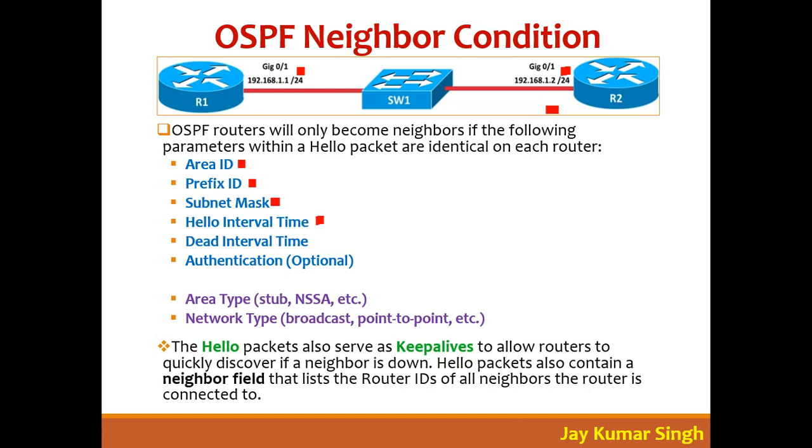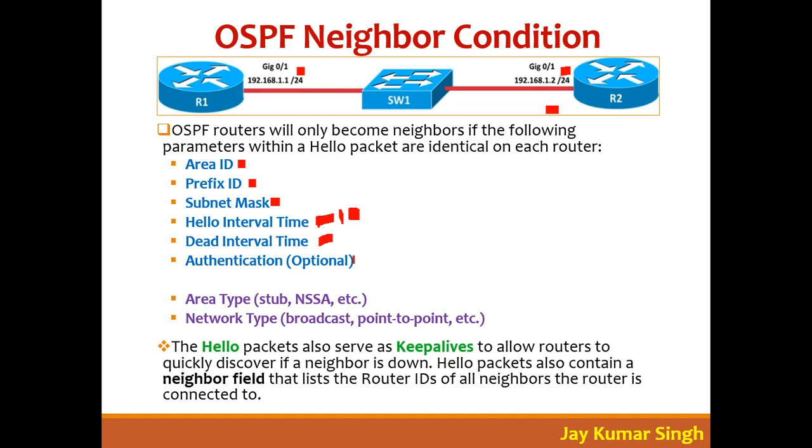Hello interval, hello time and dead time must be the same. In EIGRP, if the neighbor's time and your time are different, there is no problem in the neighborship. But in OSPF, timers must be the same, whether you are changing the hello or the dead. In OSPF, hello is 10 seconds and dead is 40 seconds, but in EIGRP, hello is 5 and dead is 15.